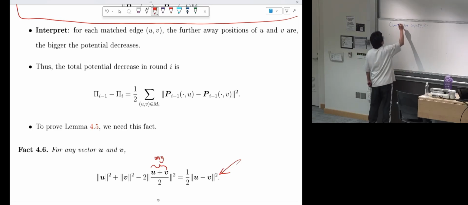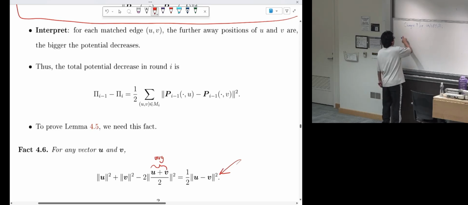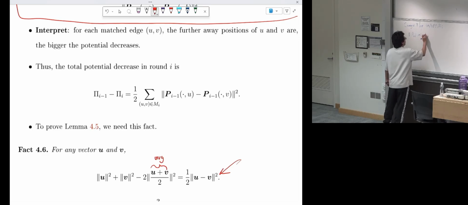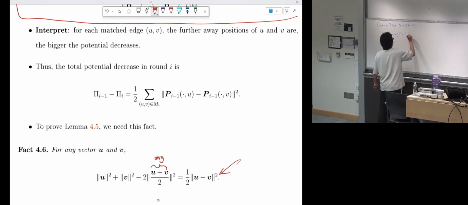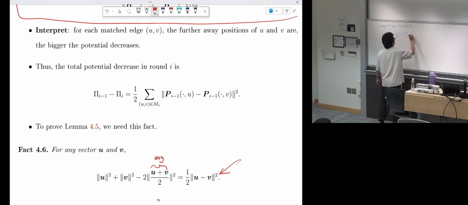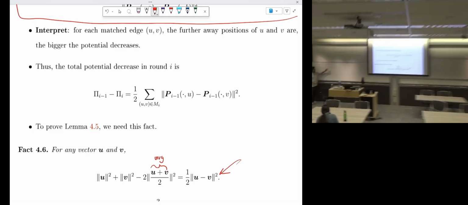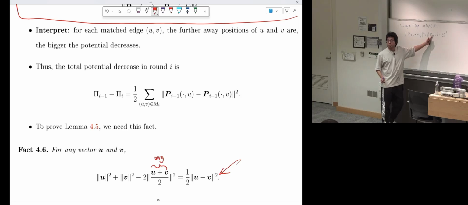The change of potential: we know that the potential of A and B contributes to the potential at time i minus 1, right?